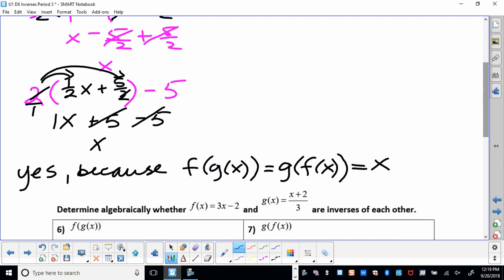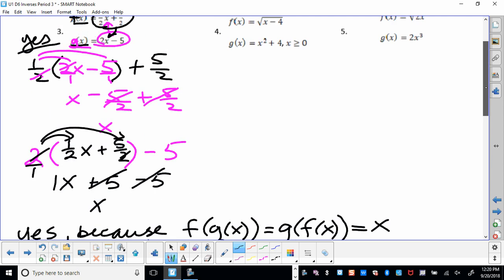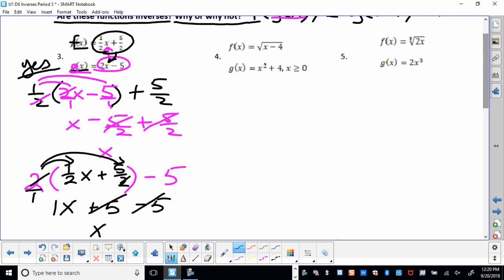And so we're proving that by composition of functions. So there is that. So now we're going to do number 4.